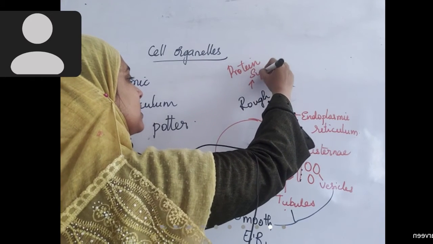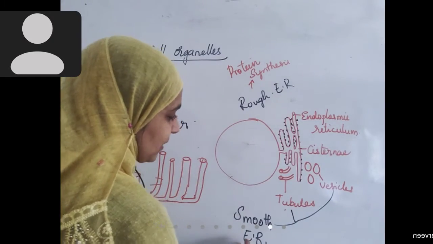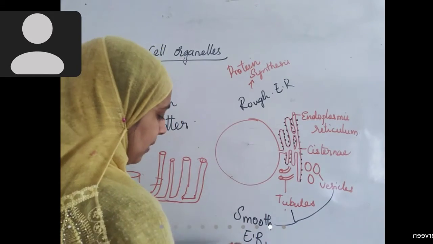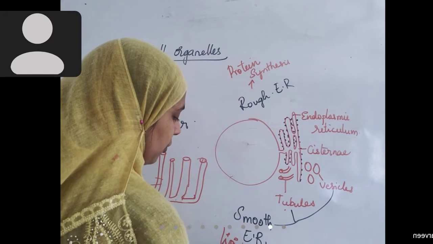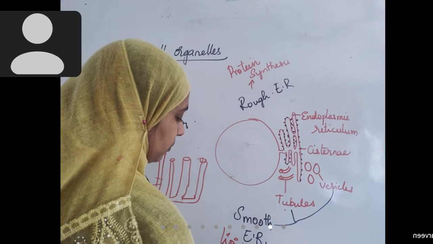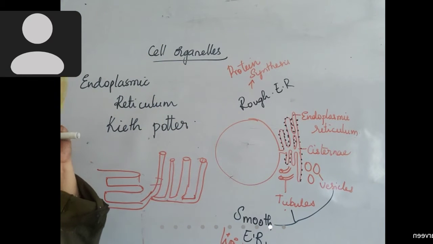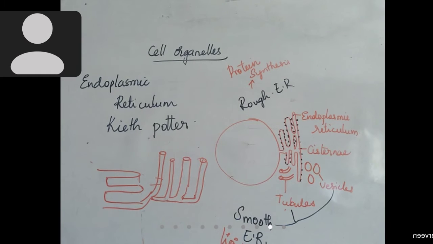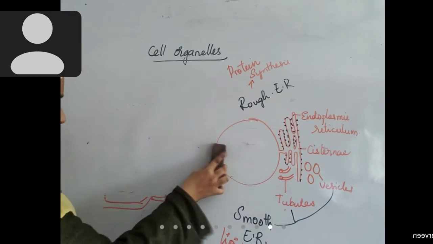The smooth endoplasmic reticulum, which does not have ribosomes, helps in lipid synthesis. Lipid molecules are produced. So that is about the structural features of smooth and rough endoplasmic reticulum, the components of the endoplasmic reticulum, and now coming to the functions of the endoplasmic reticulum.